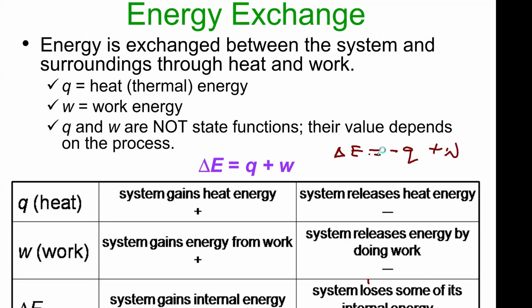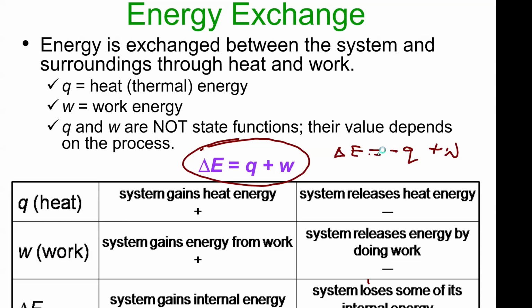But if it is the system that is gaining the heat energy, then the formula would remain like this. And then what of work? If the system is the one that is gaining energy from the work, so when there is work done on the system, then the formula is also going to remain like this.